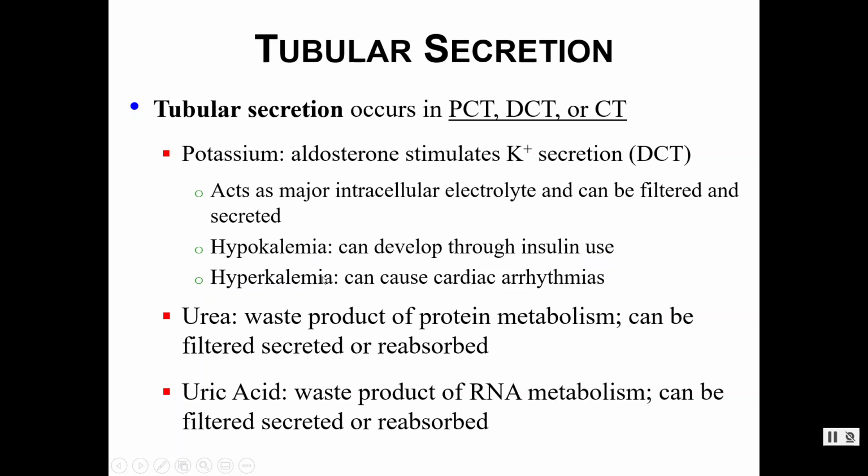So we really want to keep track of good potassium levels. Now, urea and uric acids, these are waste products of metabolism, and these can both be either secreted or reabsorbed based on need.